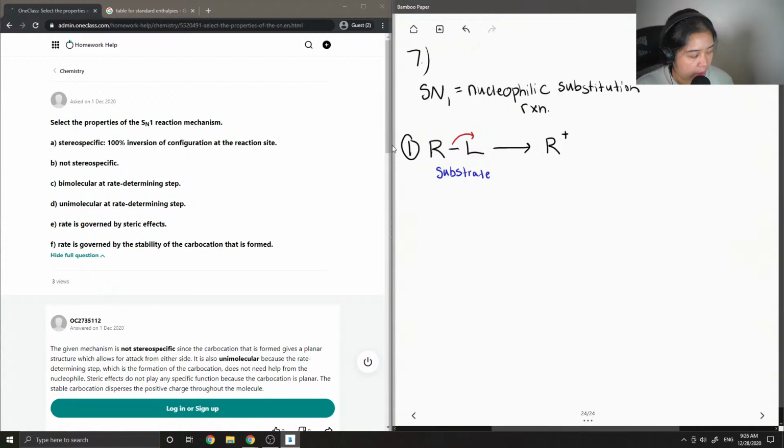And we're left with R plus and L minus. Okay, so I'll also just write down that R plus is considered as our carbocation. So this just means like a positively charged carbon group. And L is our leaving group.